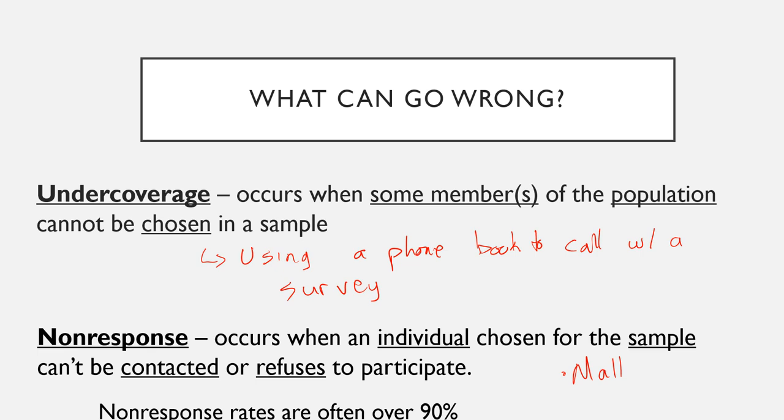One, you ignore them, or two, you pretend like you don't speak English so that you don't have to talk to them. And that's a very aggressive way to show some non-response because right there you are refusing to participate in that study. The big issue with a lot of data collection that's out there is non-response rates are often over 90%.